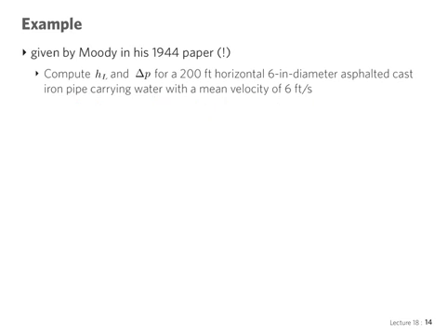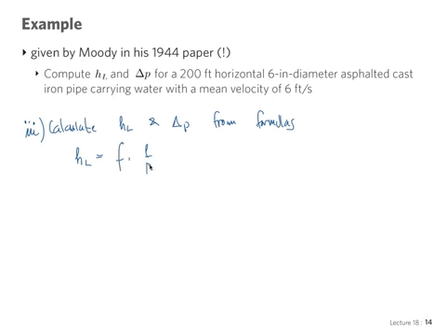Now step number 3 is to calculate h_L, head loss, and pressure drop from the equations that we have, and they were: head loss is equal to f times L over D, V squared over 2g. That's correct?